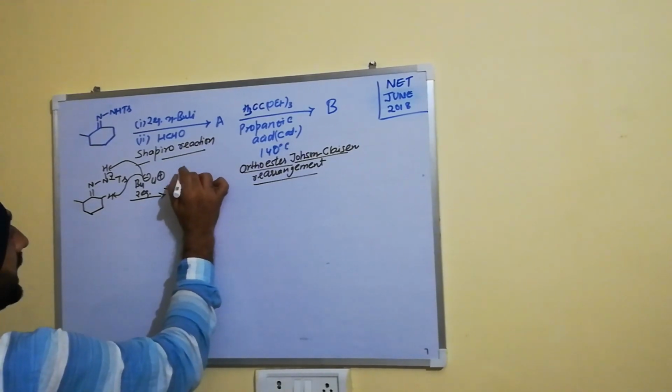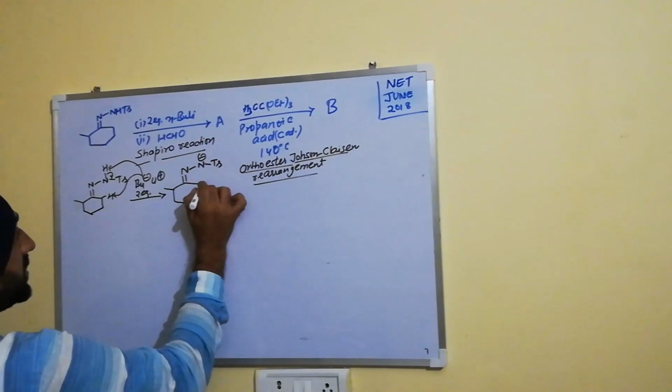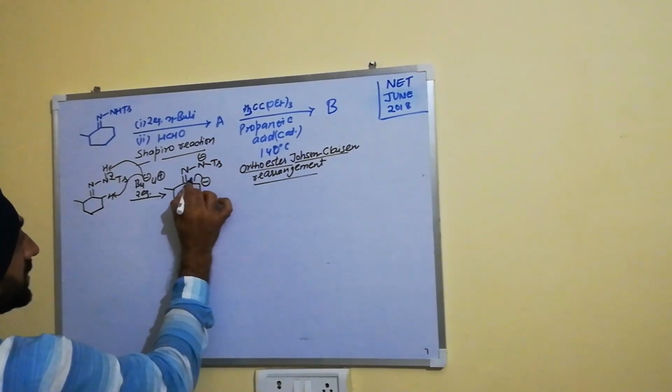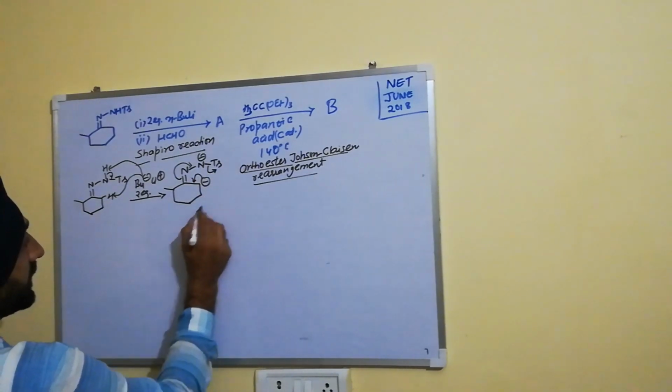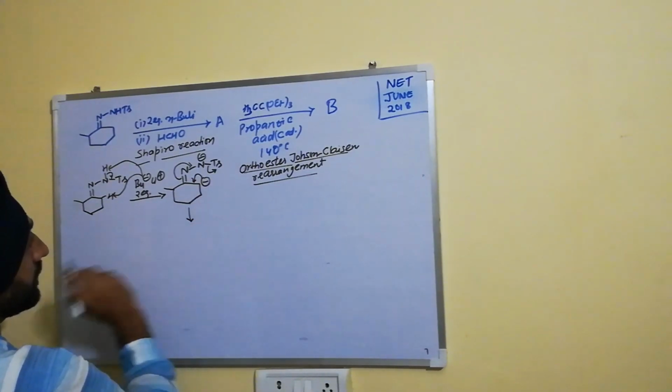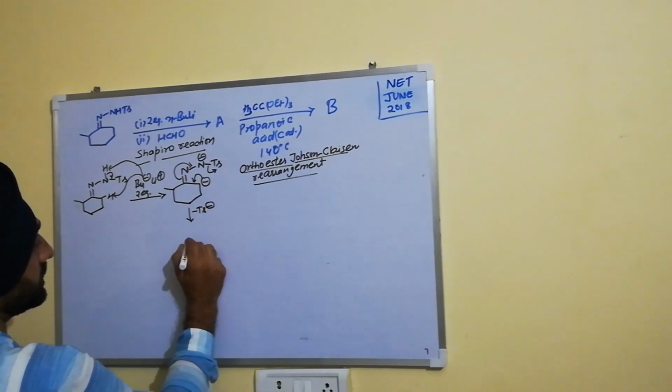Now we end up getting the anionic species. So now the negative charge comes here and the tosyl group leaves, minus tosyl.